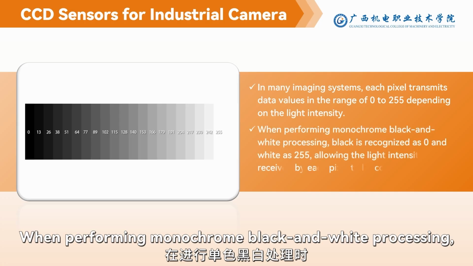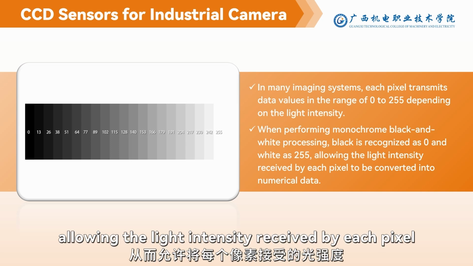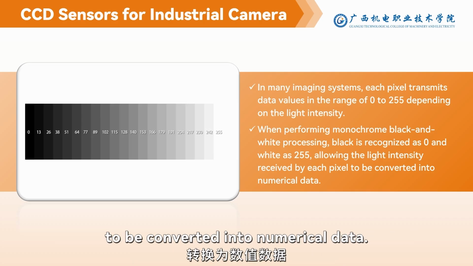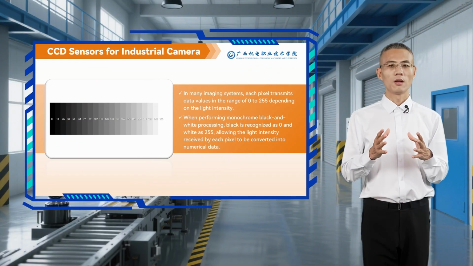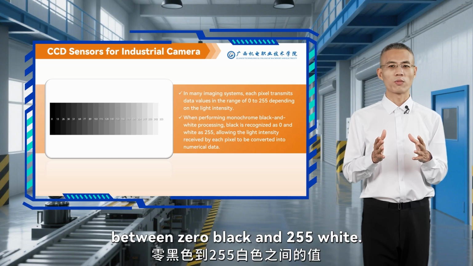When performing monochrome black and white processing, black is recognized as 0 and white as 255, allowing the light intensity received by each pixel to be converted into numerical data. That is, all pixels of the CCD have values between 0 black and 255 white.